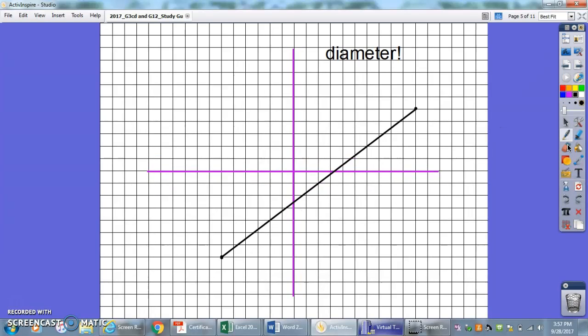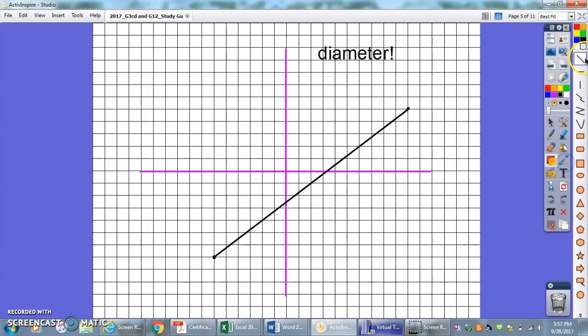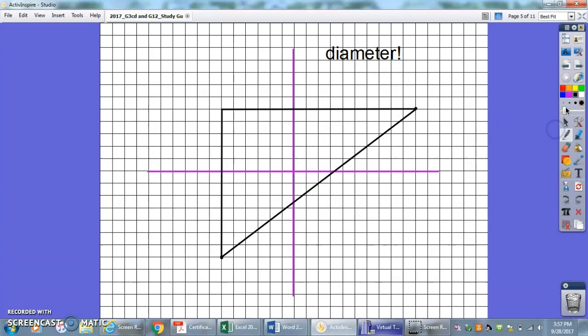Alright, now we have to find the center, which means we're going to have to count the vertical distance and the horizontal distance. So I'm going to use my tool because this is what you would do. You would draw the right triangle. Alright, then you're going to go and count your distance. Use a different color.